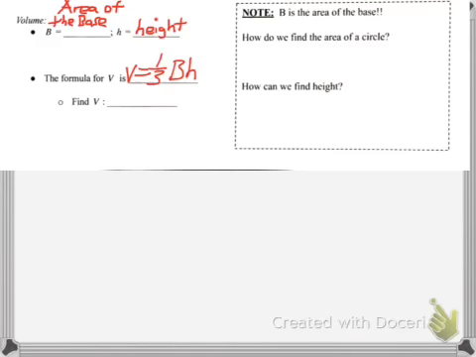In this case it would be a circle, right? So how do we find the area of a circle? We go back and look at our formula chart. We know that it's pi r squared. So on our example, it would be pi times 8 squared. Which, if you put that in your calculator, would be 201.06.